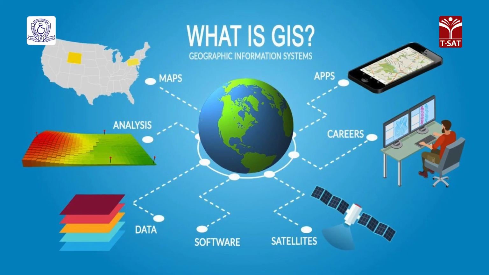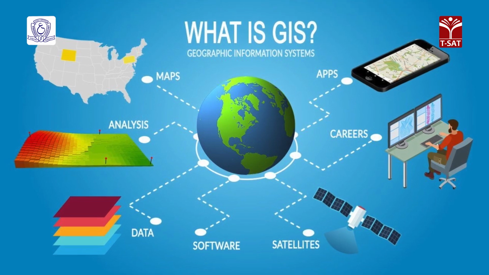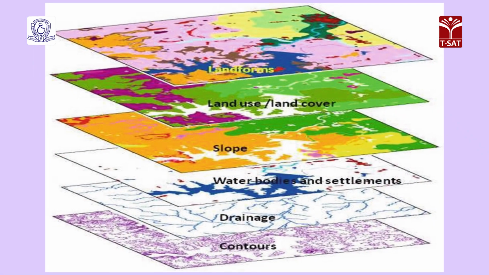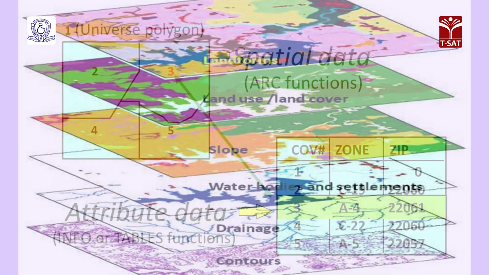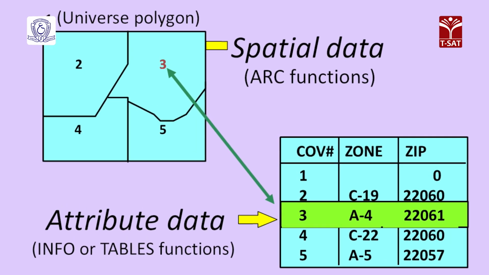Management of GIS data consists of storing a variety of data categorized under two types, that is spatial data and attribute data, in a way that permits us to retrieve or display any combination of these data after analysis and manipulation.